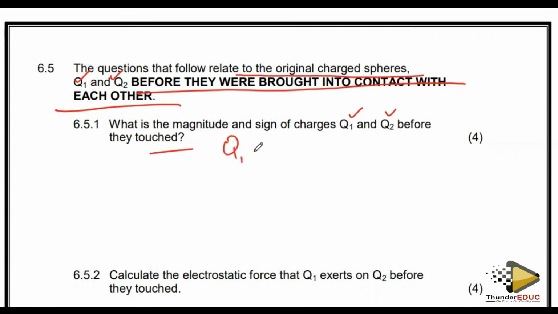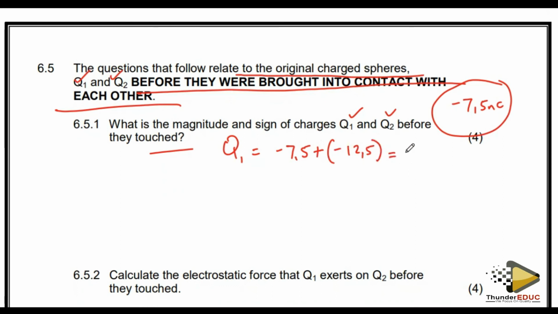So when we look at it, Q1 is negative 7.5 coulombs. So it's negative 7.5 plus it gained how much? It gained negative 12.5. What does this give us? Negative 7.5 plus negative 12.5, that is negative 20.